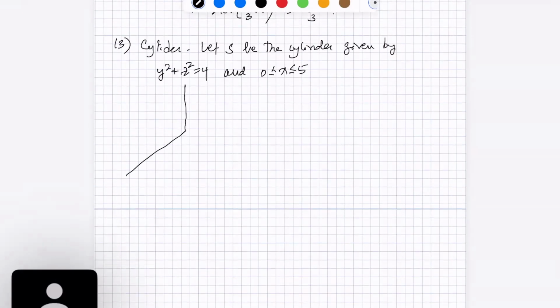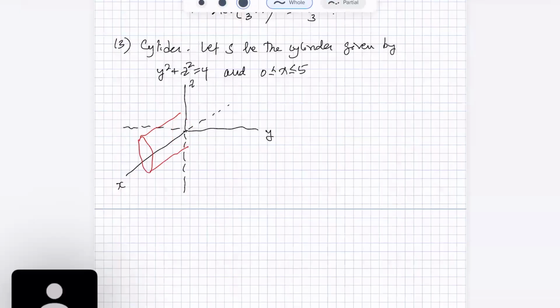So this is a cylinder that's kind of on its side. The axis of symmetry is around the x-axis, right? So the cylinder kind of slides along the x-axis. And in the y-z coordinate plane, the radius is 2.